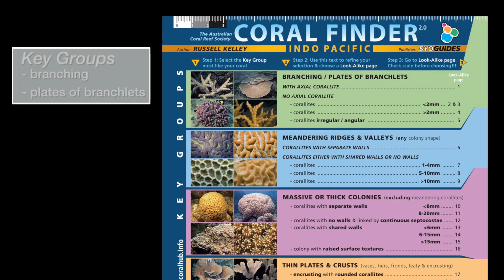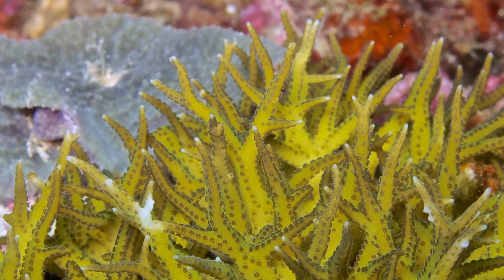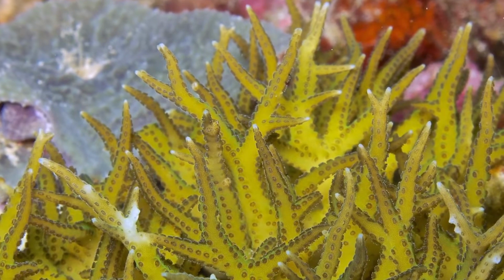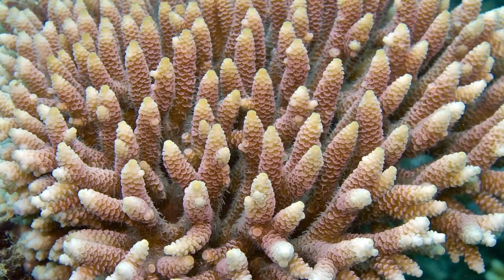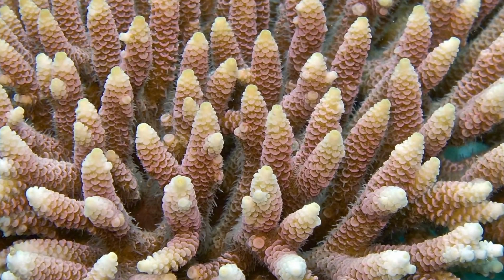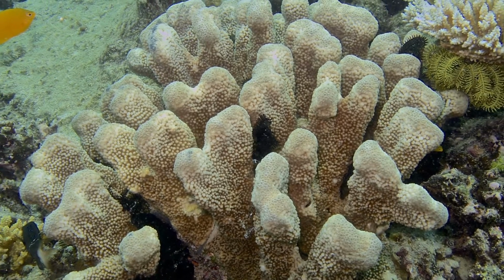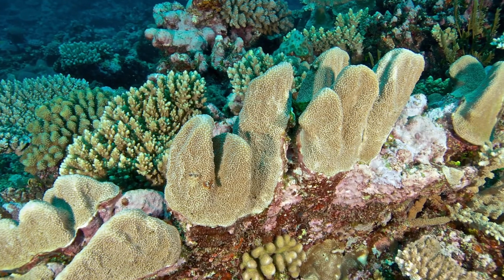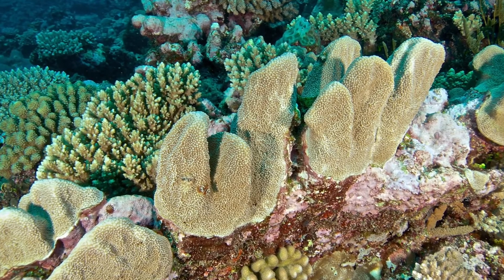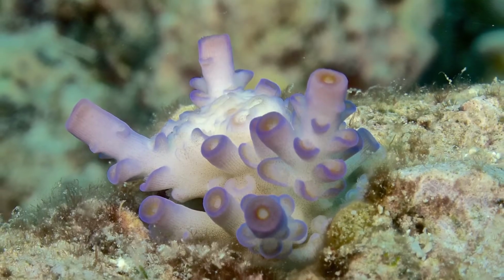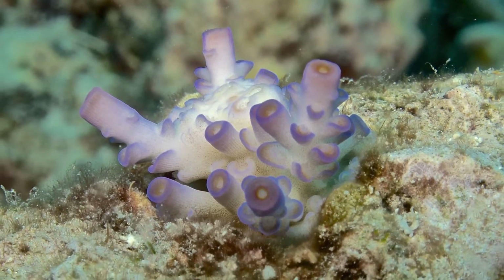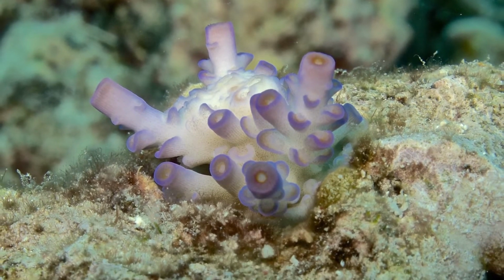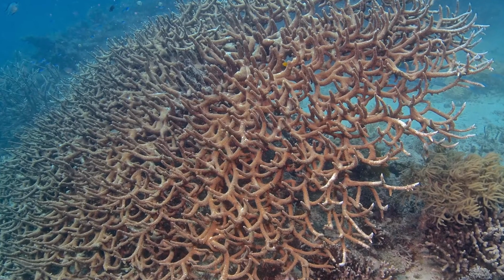The Coral Finder's definition of branching is broad and includes branching in all its forms, from needles, through fingers, to clubs and blades. Likewise, the scale of what is considered to be branching can also vary, from centimetres to over a metre.